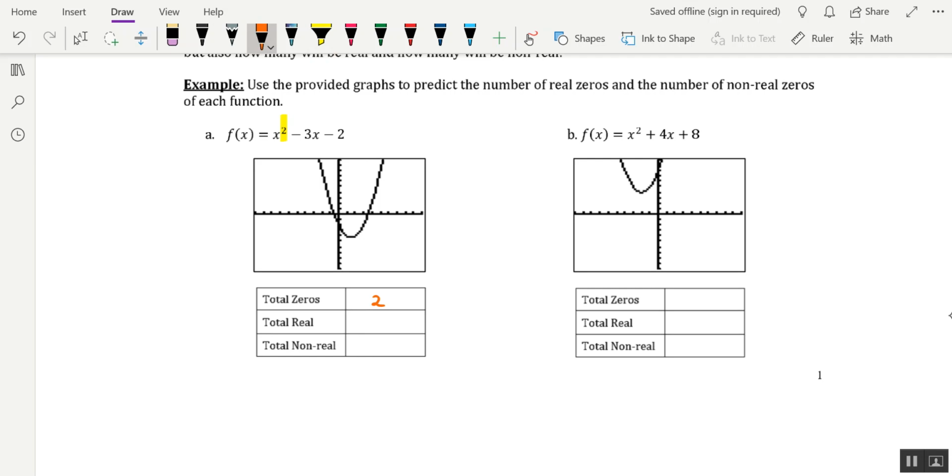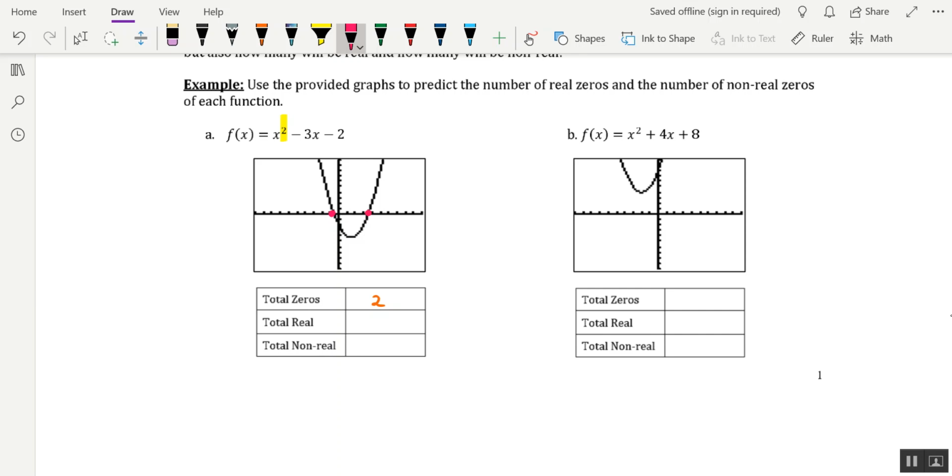Now, looking at the graph, which was generated using the TI graphing calculator, you can see that there are two x-intercepts. So anytime your graph is crossing the x-axis, that x-intercept would correspond to a real zero.